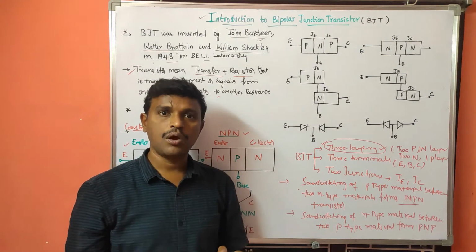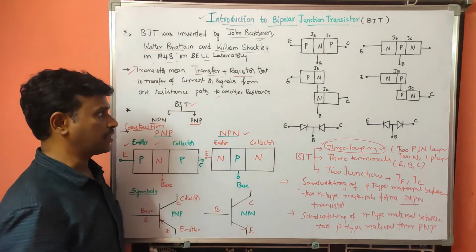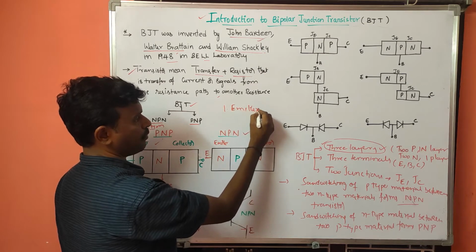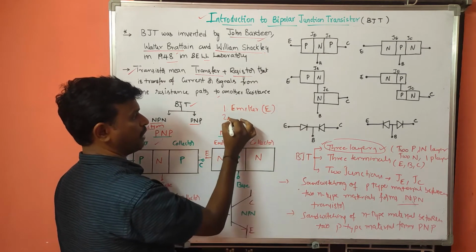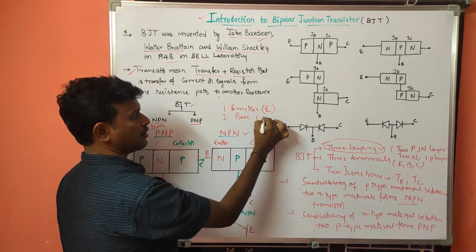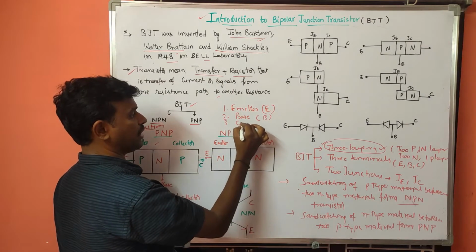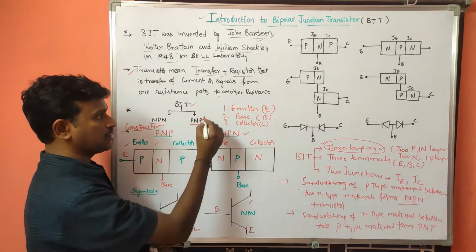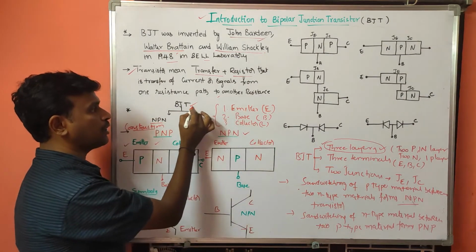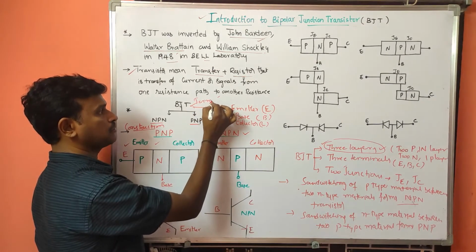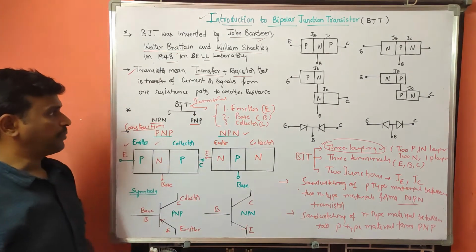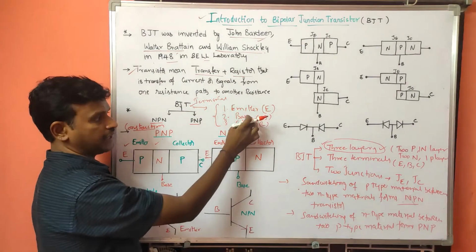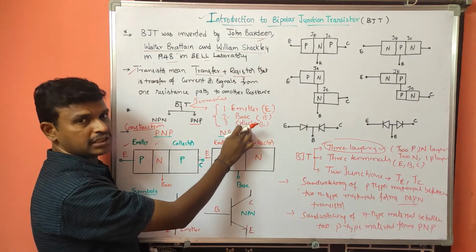One is the emitter, E, the second one is the base, B, and the third one is the collector, C. So for the BJT we have three terminals: the emitter terminal, the base terminal, and the collector terminal.